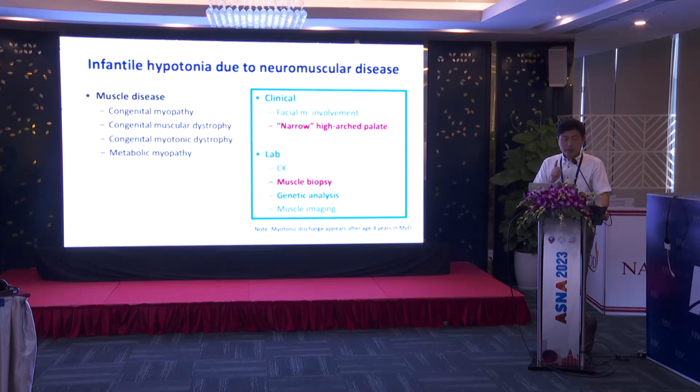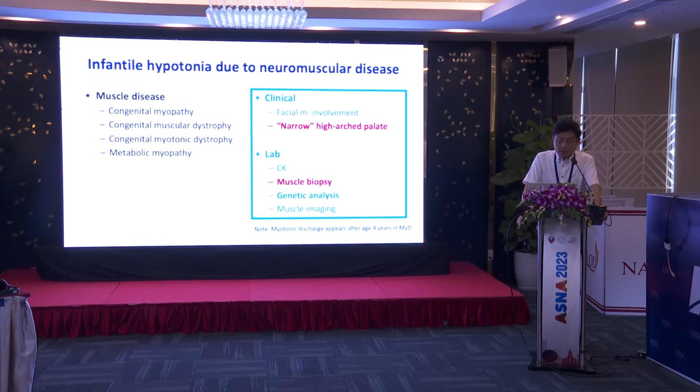When your patient has congenital myopathy, they often have a very narrow, sharp, high arched palate. We specifically call this narrow high arched palate. And of course, laboratory testing, because most congenital myopathies are historically characterized and defined by pathological features, you often need muscle biopsy even in this molecular era.